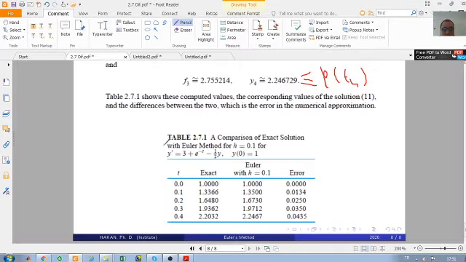You see they are very close to each other. Therefore the Euler method is useful. For t2 equal to 0.2 the exact value is 1.64, and with Euler method we obtain 1.67. The error is 0.02, and so on.